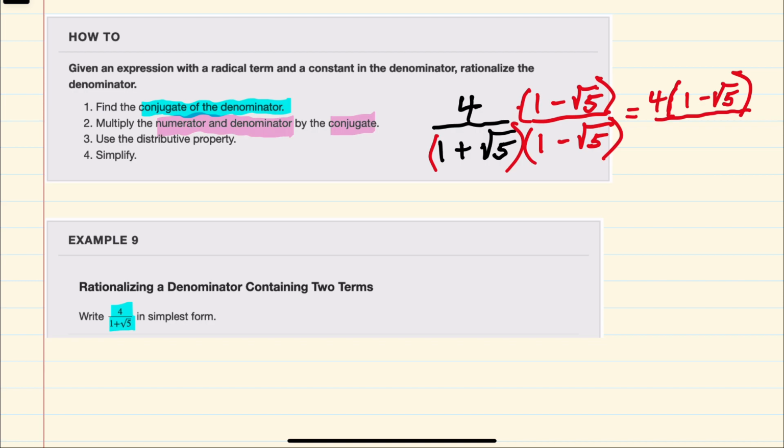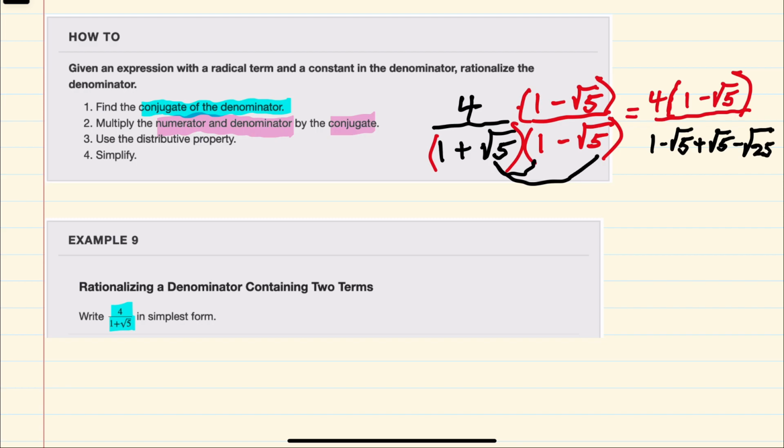And then in the denominator, I would first multiply by 1, distributing 1 times 1 is 1. 1 times a minus square root of 5 is minus square root of 5. And then distributing the first square root of 5 times 1 is a plus square root of 5. And then the square root of 5 times negative square root of 5 is negative square root of 25.